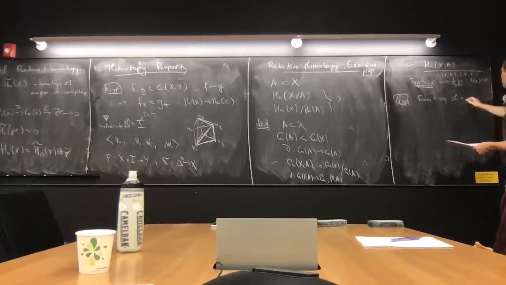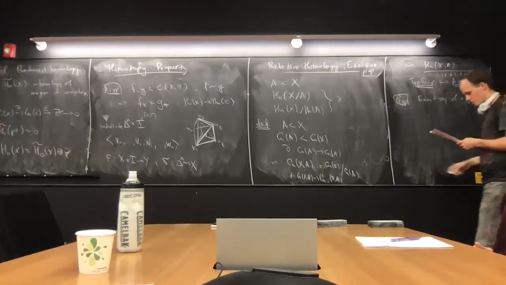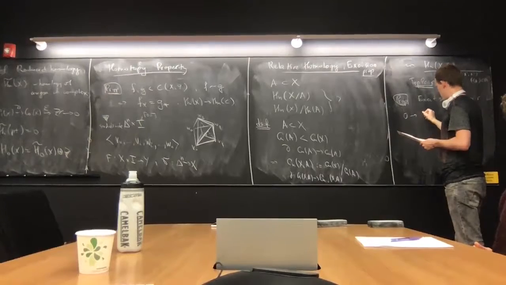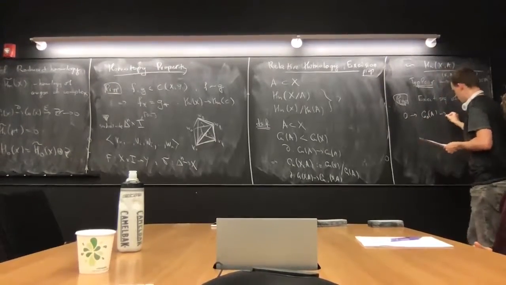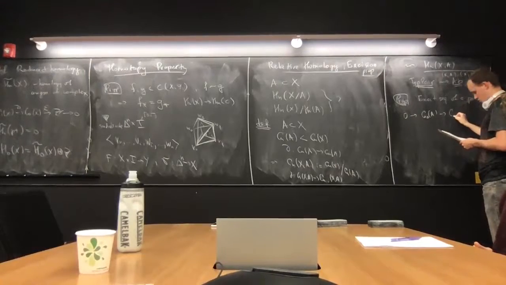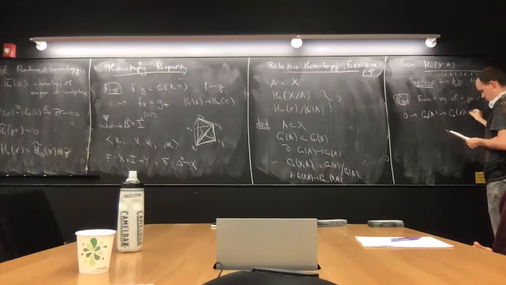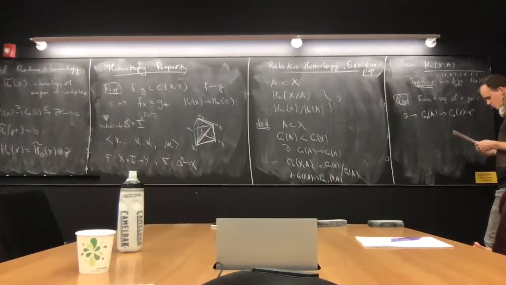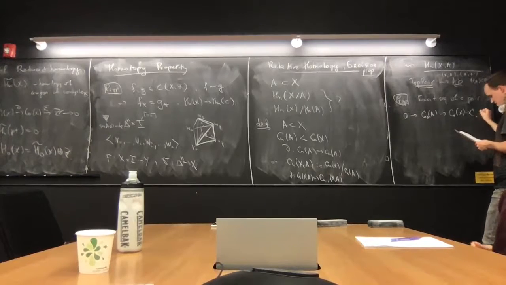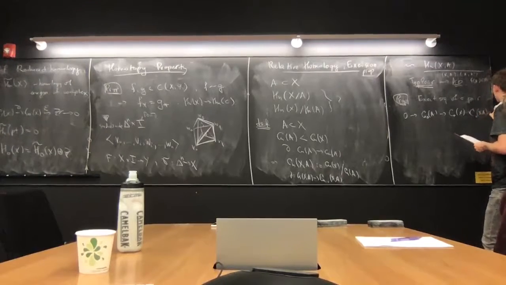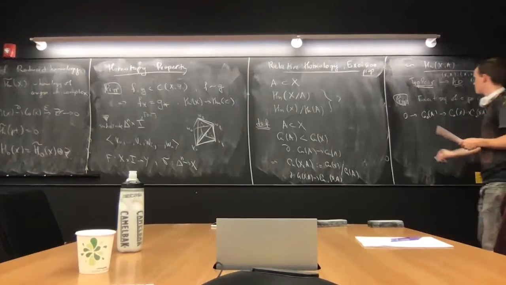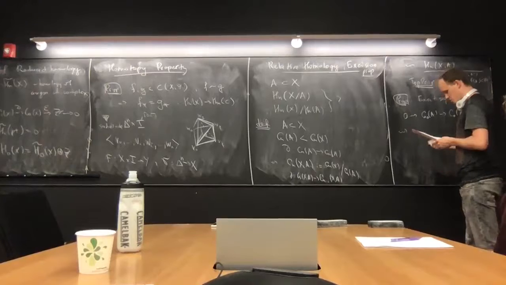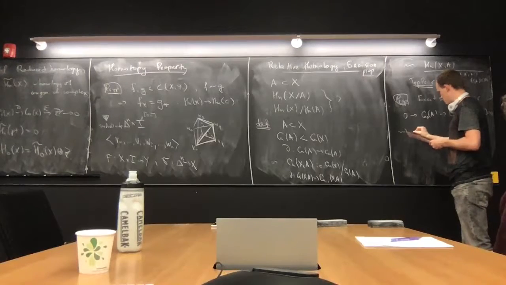Okay, so proposition: exact sequence of a pair. It turns out that there's an exact sequence for any pair of homologies. Obviously, this is an exact sequence by definition. That's just the definition of this. Therefore, it produces the long exact sequence in homology.